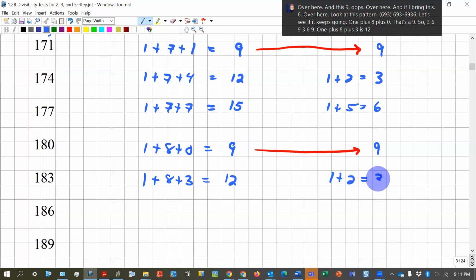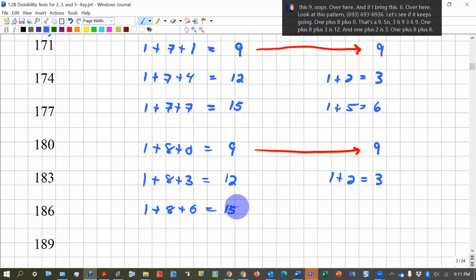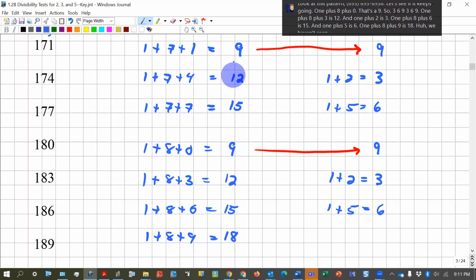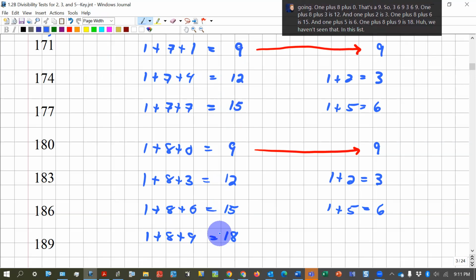And 1 plus 2 is 3. 1 plus 8 plus 6 is 15. And 1 plus 5 is 6. 1 plus 8 plus 9 is 18. We haven't seen that in this list yet.